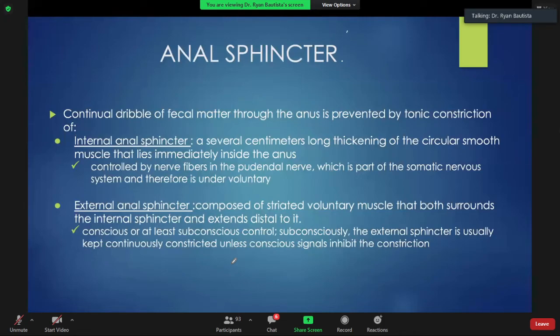Subconsciously, the external sphincter is usually kept continuously constricted. That's the one holding your feces in, but it can be inhibited.